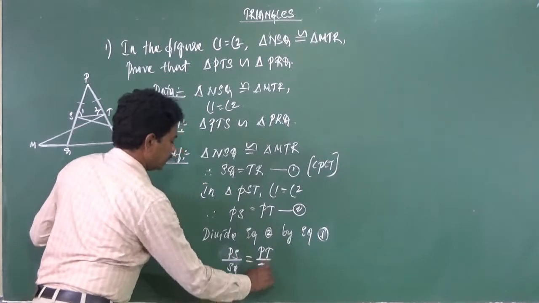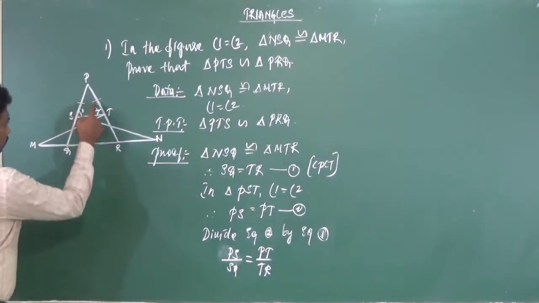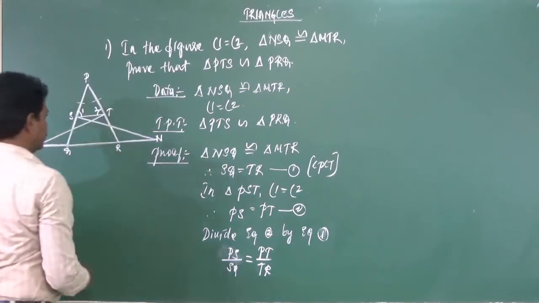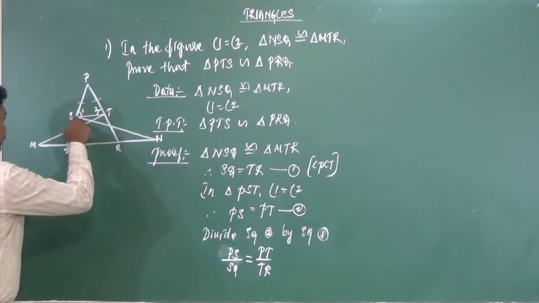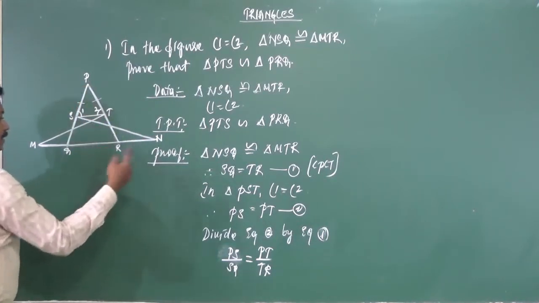Let us look into the figure. PS by SQ is equal to PT by TR. So here in triangle PQR, the line ST is dividing the sides PQ and PR in the same ratio.